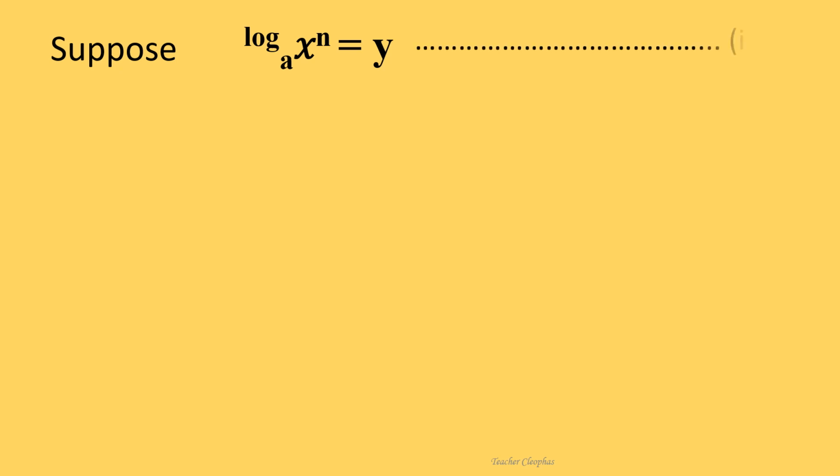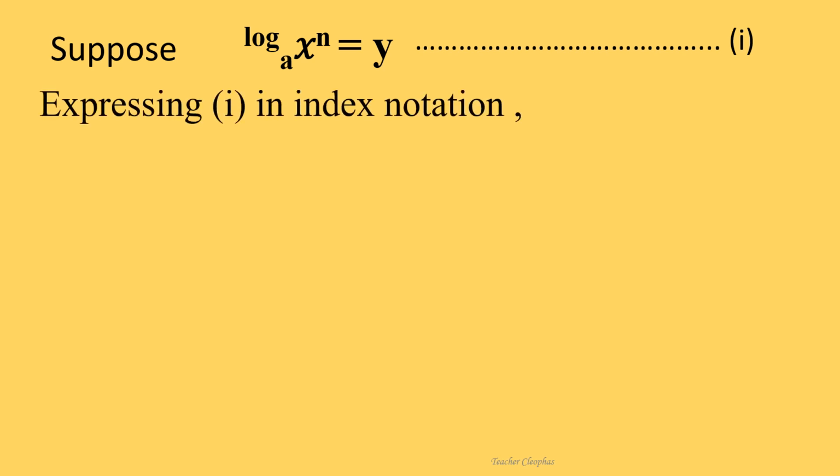We now need to derive the next law of logarithms. So, suppose logarithm of x power n to base a equals y. Let that be our first equation. Now, expressing our first equation in index notation, we would have a raised to power y equals x raised to n.